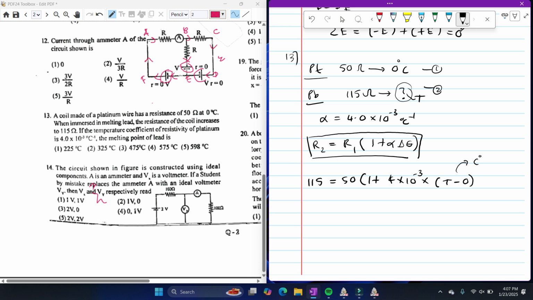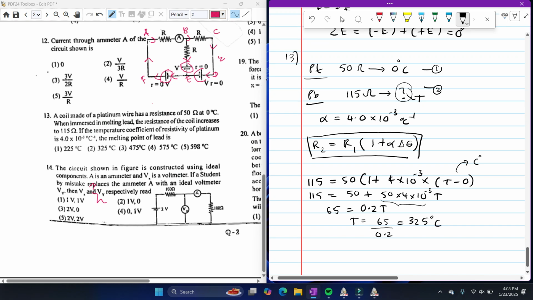So here let's simplify. 115 equals 50 plus 50 into 4 into 10 to the power minus 3 into T. Subtract 50, then that is 65. 50 into 4 into 10 to the power minus 3 is 200 into 10 to the power minus 3, this whole part is 0.2 T. Then T equals 65 divided by 0.2, that is 325 degrees Celsius.